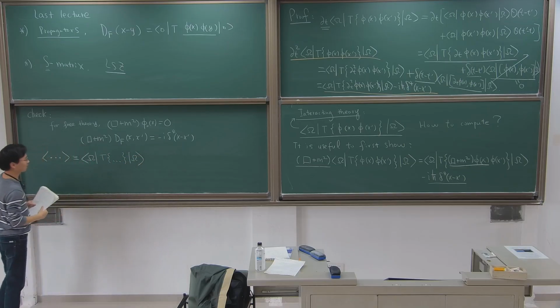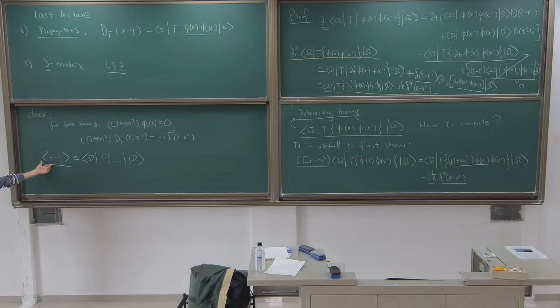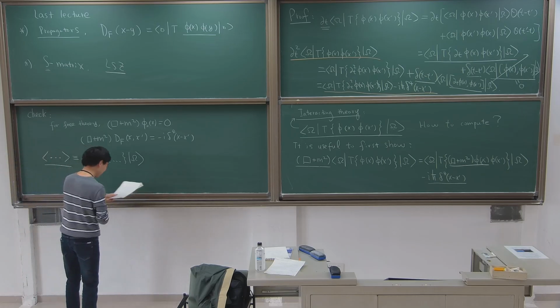We just abuse the notation, simply use this bracket. From now on, whenever I use such kind of bracket, it automatically means there is a time ordering operation inside. And it also means this is a vacuum average. Clear?